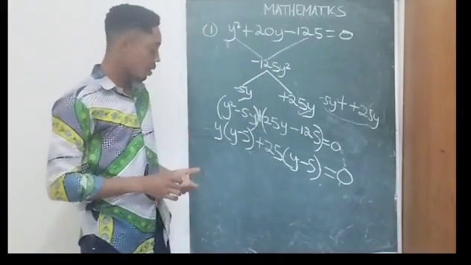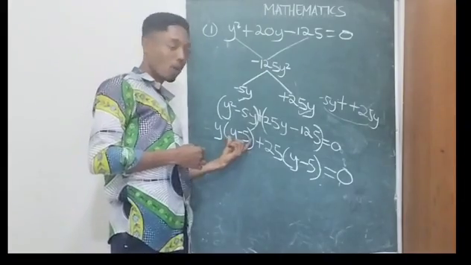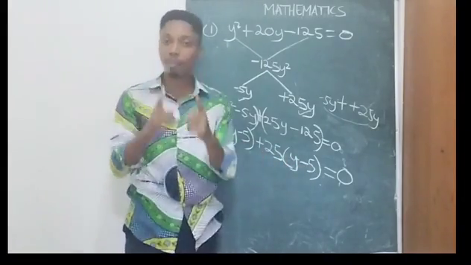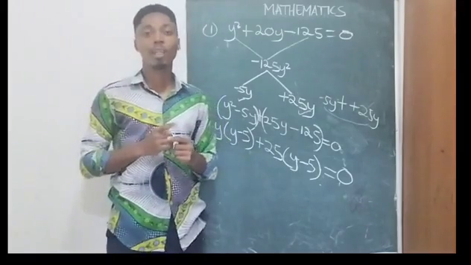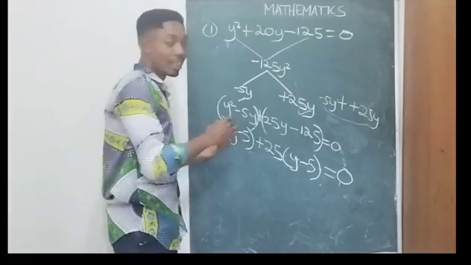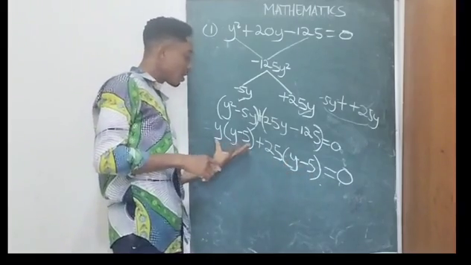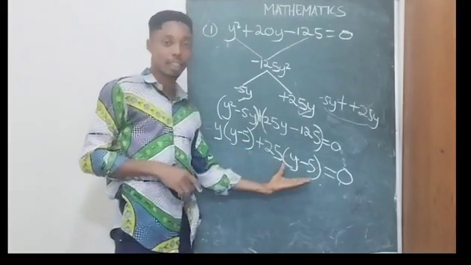You can note something is happening right here. y minus 5 repeats itself, and because y minus 5 repeats itself, we are going to take that as a common factor. It's present here and present here; this is a term on its own, and this is a term on its own.